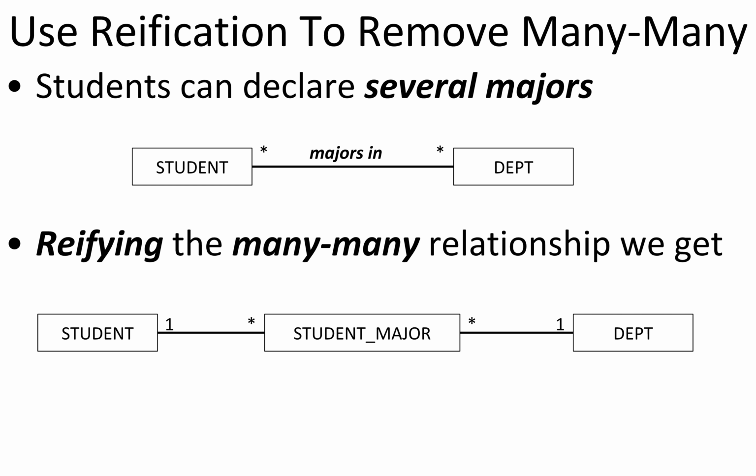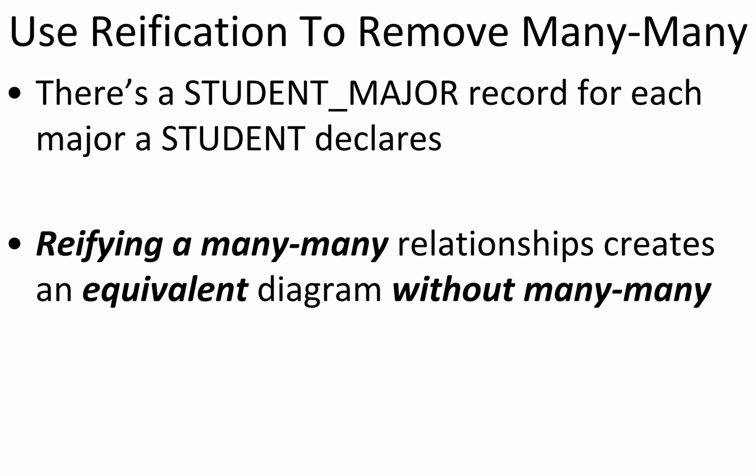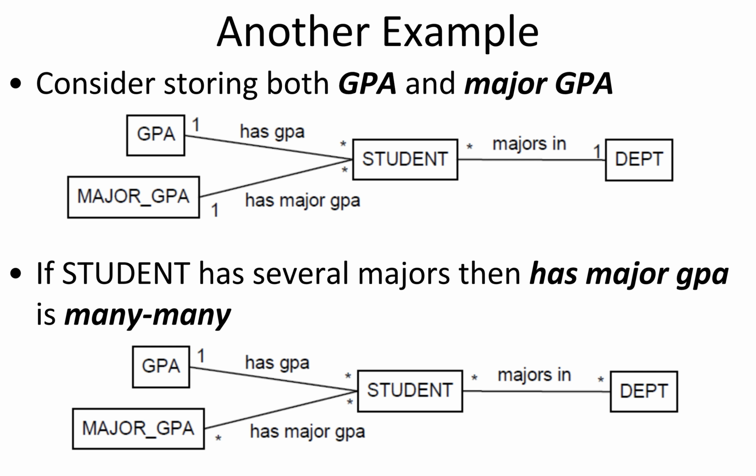This was not actually the requirement, but this is kind of a what if. Would it have been a many to many, we would have had to reify it. Also, if we had a many to many between the department and the student, we might have been asked to keep track of the majors, the GPA for each major.